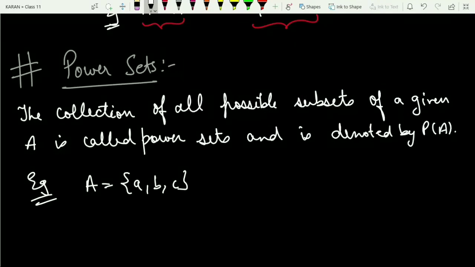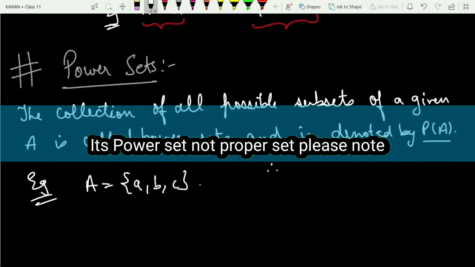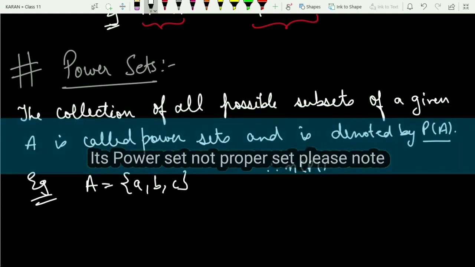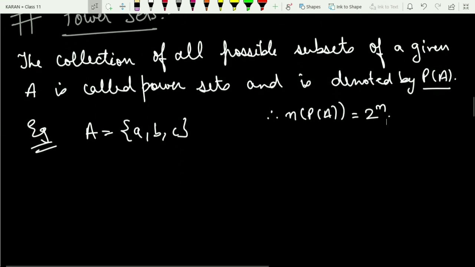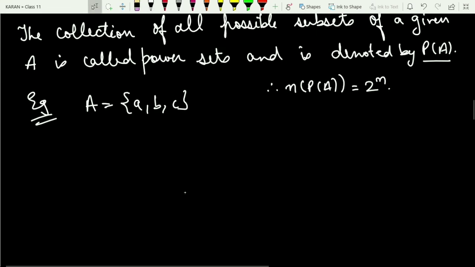Moving on to the definition of a power set. The collection of all the possible subsets of a given set is known as the power set, and it is denoted by P of A. We know how to calculate the number of elements in the power set, that is 2 raised to the power n. Now let me take an example to make this more clear. If I choose A to be {a, b, c}, the total number of elements in A is 3.